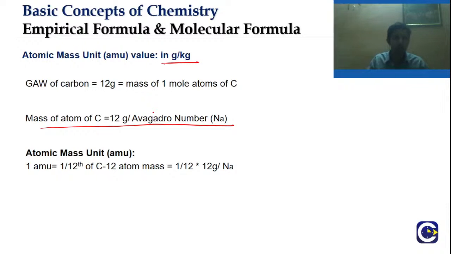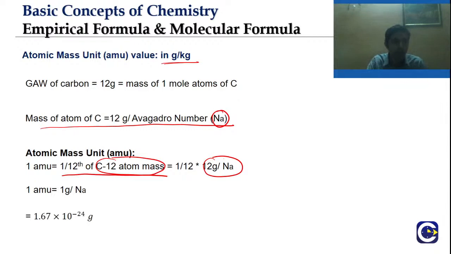Let us look at it in the next class. And atomic mass unit is 1/12 of a C12 atom. So I know that a C12 atom has a mass of 12 gram by Avogadro number. How exactly is this? Let us look in the upcoming class. Before that, I want you to know what Avogadro number is.